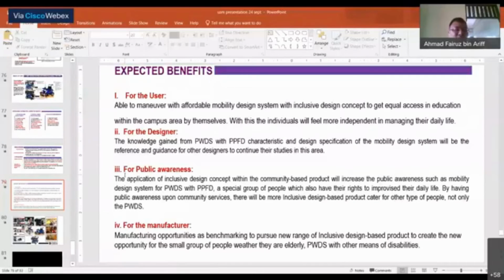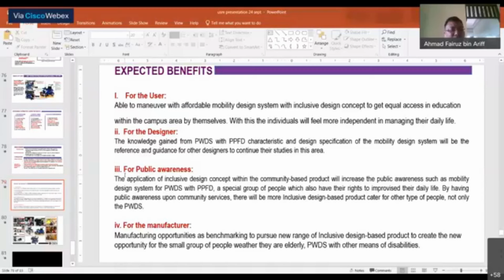Number three, for public awareness, the application of inclusive design concept within community-based products will increase public awareness, such as mobility design system for PWDs with PFD, a special group of people who also have the right to improve their daily life.